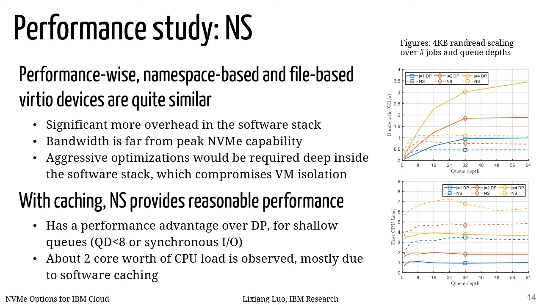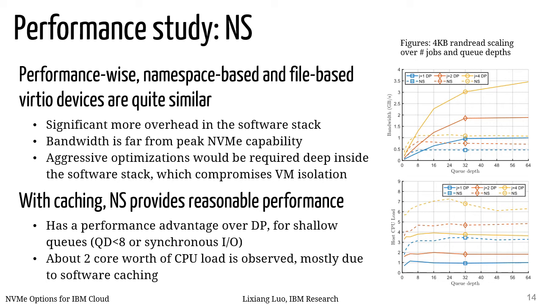Now let's talk about the namespace-based VirtIO block option. Performance-wise, namespace-based or file-based VirtIO devices are quite similar. Both have significantly more overhead in the software stack. Bandwidth is far from peak NVMe capability.